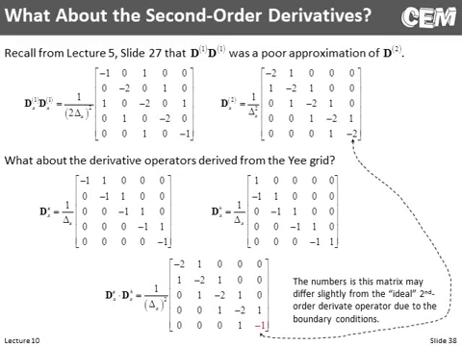Last lecture, we said, why can't we just multiply together two first-order derivative operators and get the second order? And we showed, because of the way we were doing our finite differences at the time, that that didn't work. Now we're on a Yee grid. Let's see what happens.